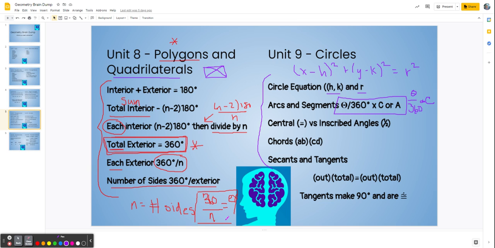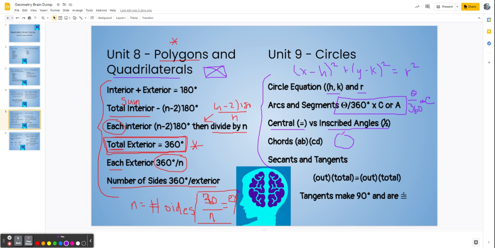What is 360 over n equal? The exterior angle. Okay. Central angles are congruent. Inscribed angles are half. So if you go from the angle to the arc, you multiply by 2. If you go from the arc to the angle, you divide by 2. If it's central, the arc and the angle are just equal. That's what these two things mean.